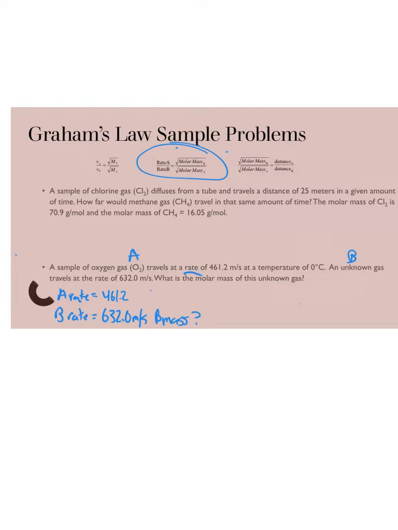And we know the mass of oxygen, O2, so we can look that up on the periodic table, and we can see that it is going to be 16.